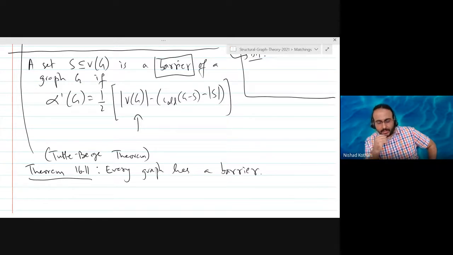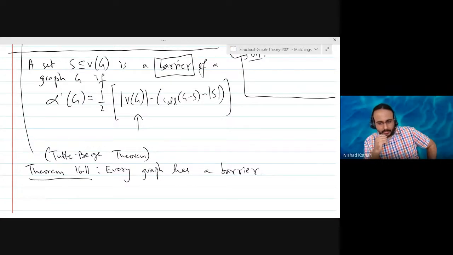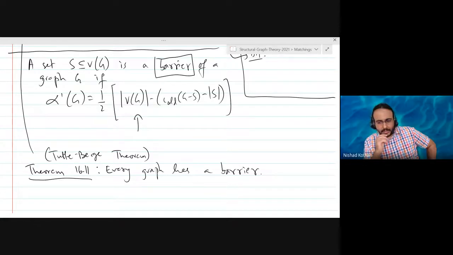I will mention them later. Does that class of graphs include bipartite graphs? I'll tell you about it in a few minutes. But for general graphs, I don't know the answer to your question.